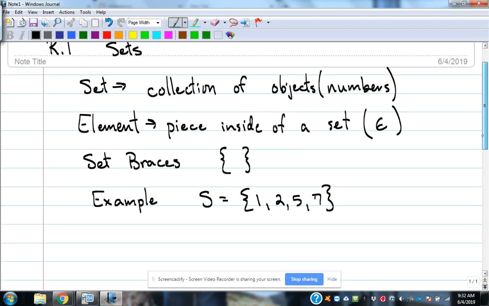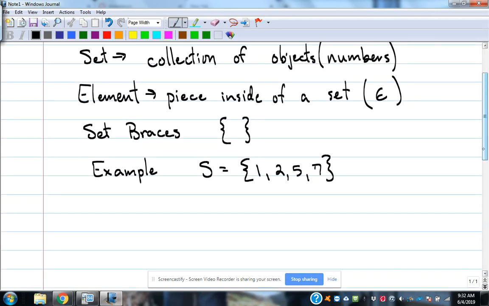Using that example, we can use that element notation. We could say that 2 is an element of S, because 2 is an object that is inside of that set S. So that's how you would read that: 2 is an element of S.